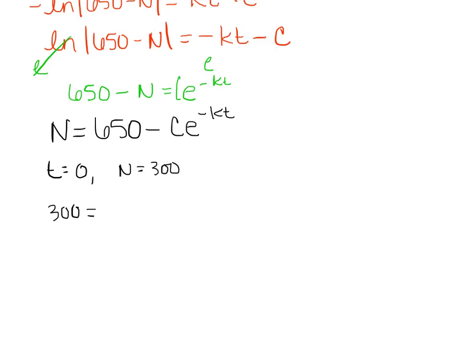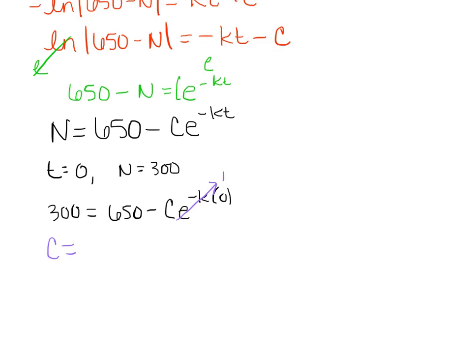So I have 300 is equal to 650 minus ce to the negative k. I still know what k is, but I know t is 0. That's going to make this whole piece here equal to 1.